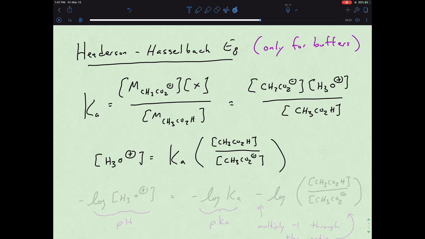So just a little bit of simple algebra there. And what are we always tending to go towards here? Some facet of pH, right? Whether we're given it or solving for it. So let's put this in pH terms.